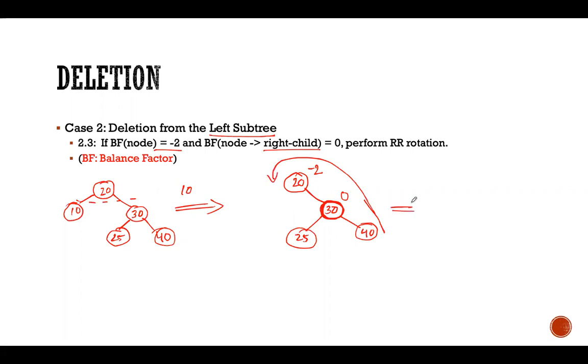So what happens after we do the RR rotation, it will become 30. So 20 will become the child of 30. Now 20 becomes the left child of 30. Now 30 already has a right child 25. So 25 will become the right child of 20.